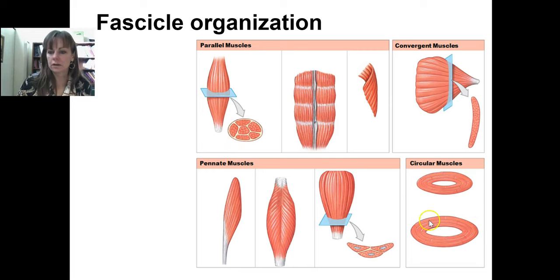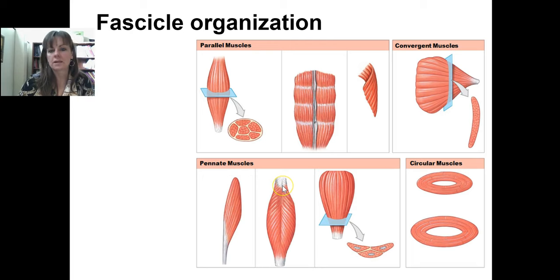Over here, clearly these muscle fascicles, these lines are going in a circle, so these are circular muscles. And then pinnate muscles are going to come into this tendon at an angle. So you can see these are coming in at an angle, and if we look here, here's the tendon, and again, these are coming in at two different angles.